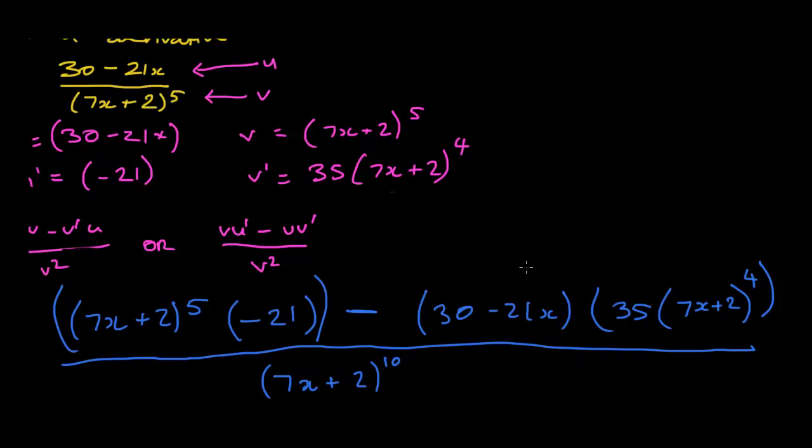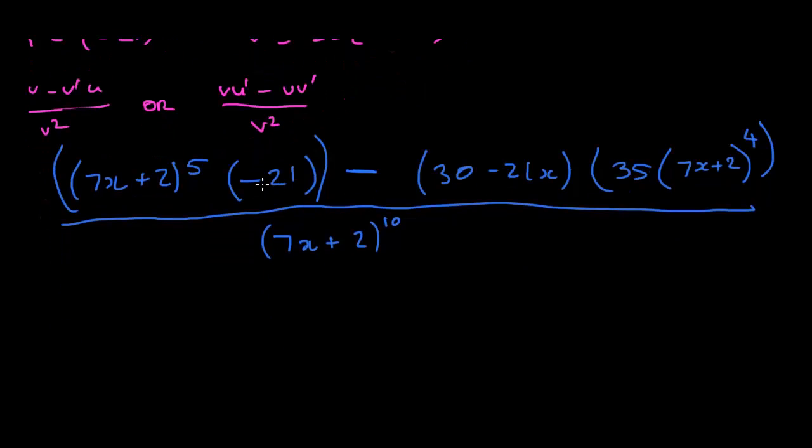Well, what I can actually see is after we expand this, we can easily factorize the (7x + 2) to the power of 4. So let's do this. Now, I'm just going to expand this a bit first, so I'm just going to write it all again. We get (7x + 2)^5 times negative 21 minus 30. Oh, whoops, my bad.